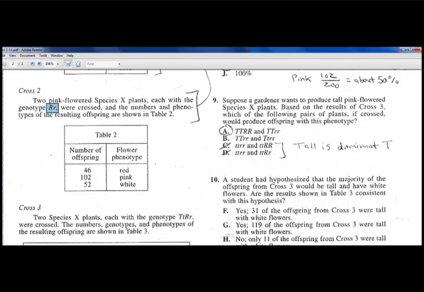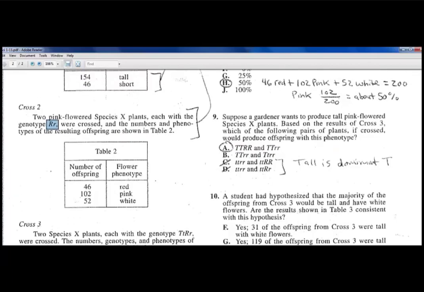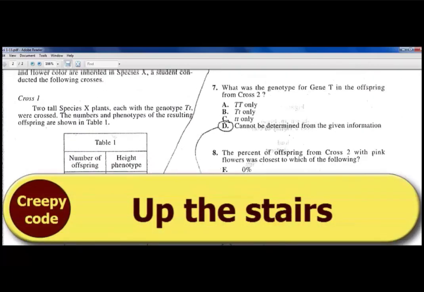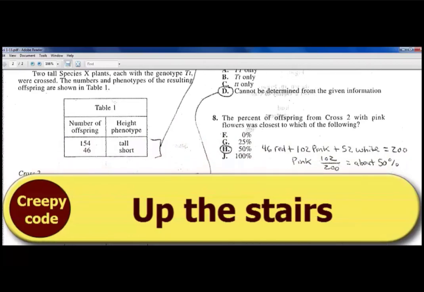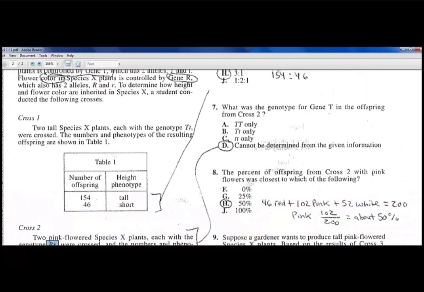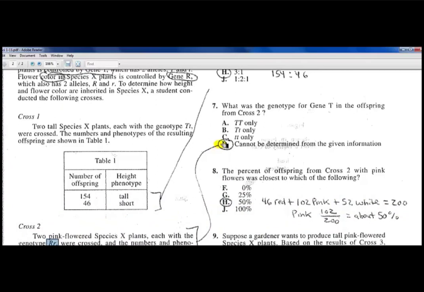It doesn't say anything in cross 2 about gene T. So we know that the correct answer is going to be D. It cannot be determined. Simply go to cross 2, look for information about the genotype T, and you see that there's nothing in there. 7 is D.